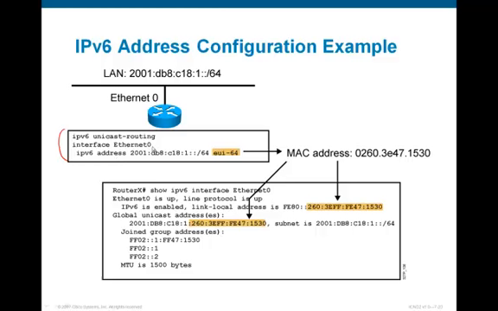So in this example, we are going to assign an IPv6 address on Ethernet 0.